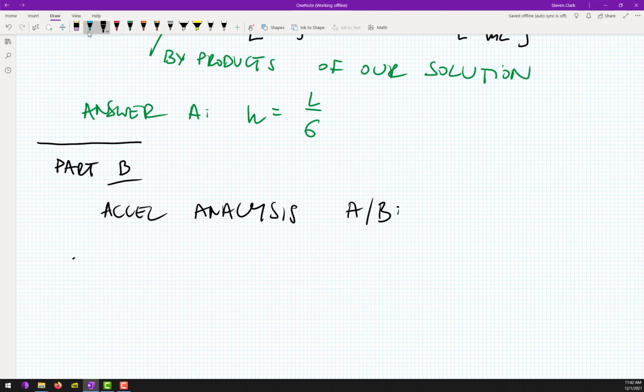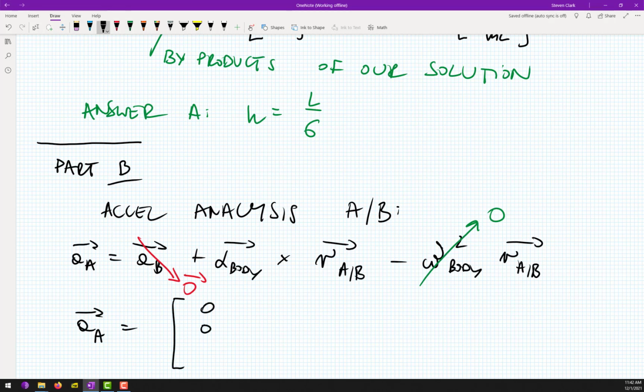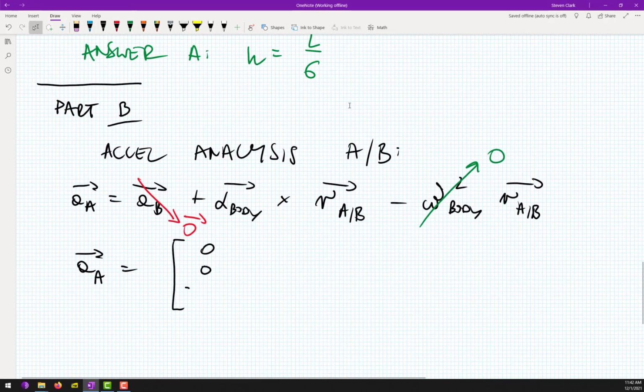So we have AA is equal to AB, which is 0, plus alpha body times RAB minus omega body squared RAB. Okay, system starts from rest still, so this is 0. This is 0 because they told us. So in here we just have AA equal to 0, 0, minus 2P over ML times this vector, RAB.